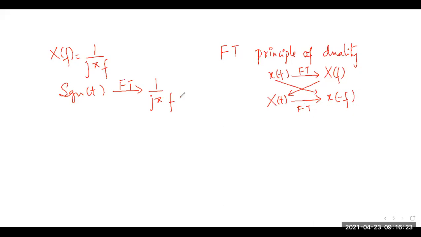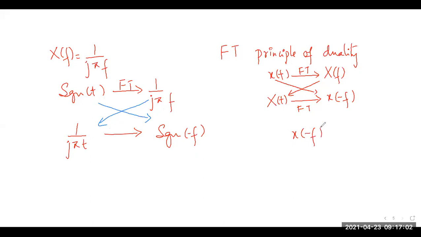So because of this, I'll apply the same thing over here such that I got to change this from here to here. So here I'll change this f to t by the Fourier transform, such that in place of signum, I'll replace it with signum of minus f. And signum is an odd function, where if I'm having something like x of minus f, it's equal to minus of x of f.